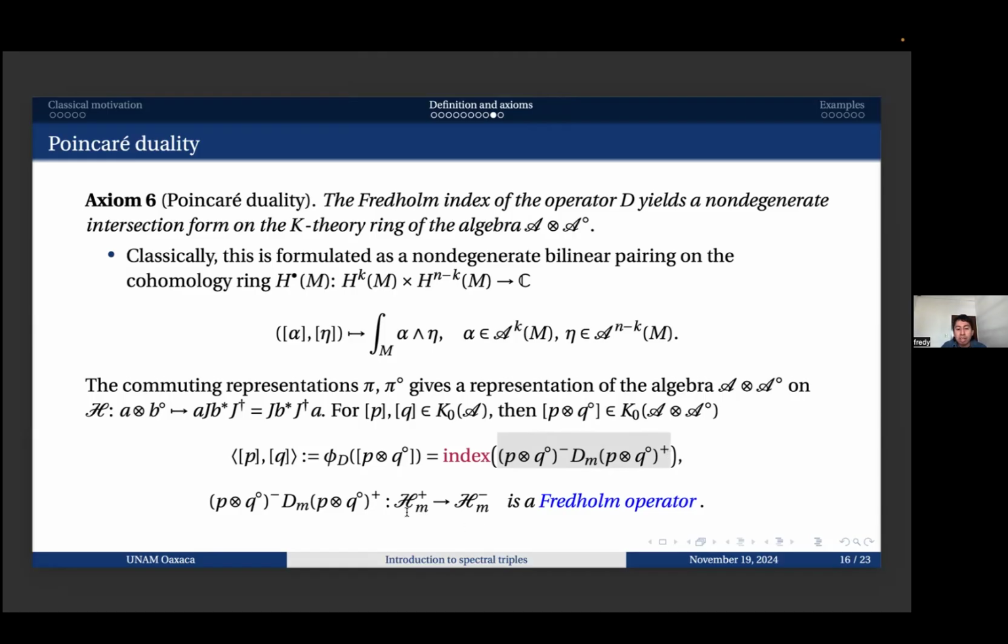So this H_M and this D_M, this H_M is a sum of copies of the Hilbert space, and D_M is a sum of copies of the Dirac operator.